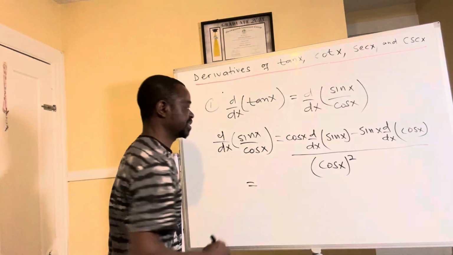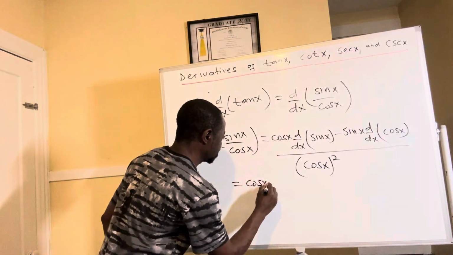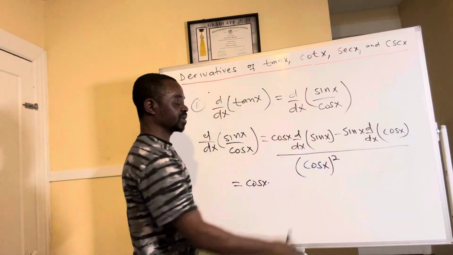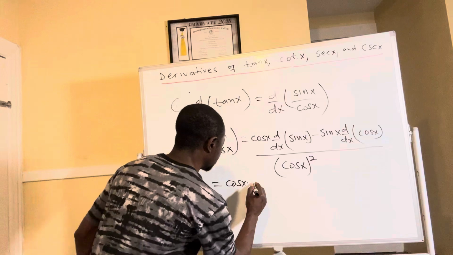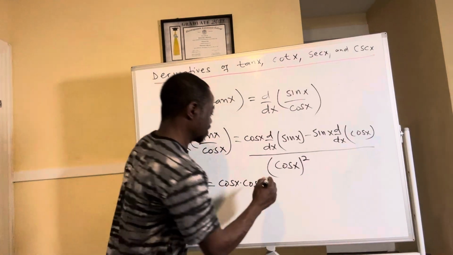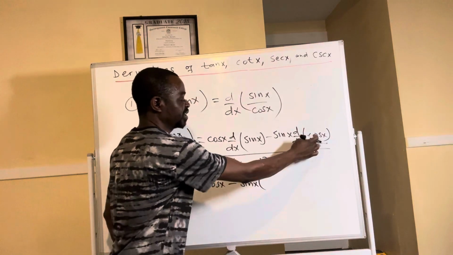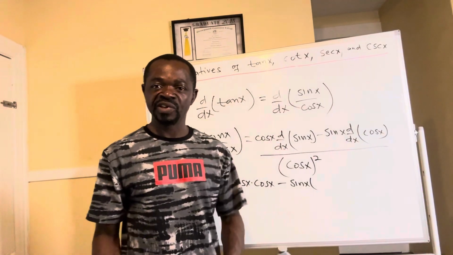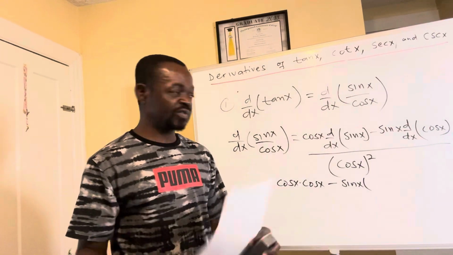So that gives us cos of x multiplied by, if we differentiate sine x, that gives us cos x, then minus sine of x. If we take the derivative of cos of x, that gives us minus sine of x.